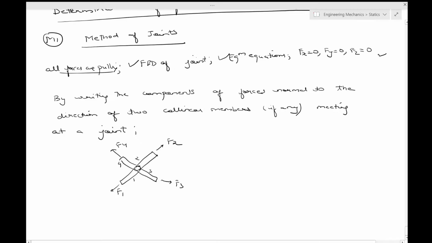This would mean that F1 is equal to F2, and F3 is equal to F4.